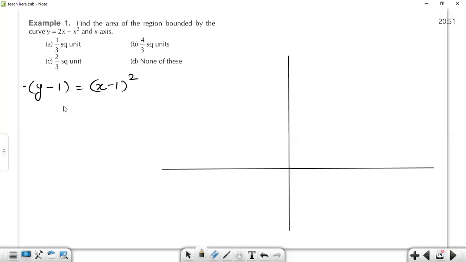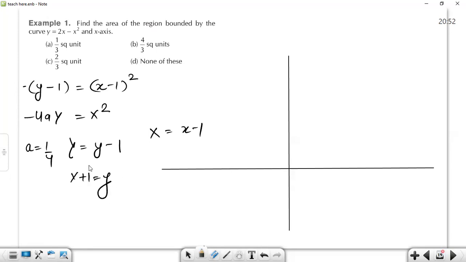From this we get to know that this is a parabola, and if we compare it to the general equation of a parabola, we come to know that a is 1 by 4, Y is y minus 1, and X is x minus 1. So y minus 1 is our capital Y, and x minus 1 is our capital X.